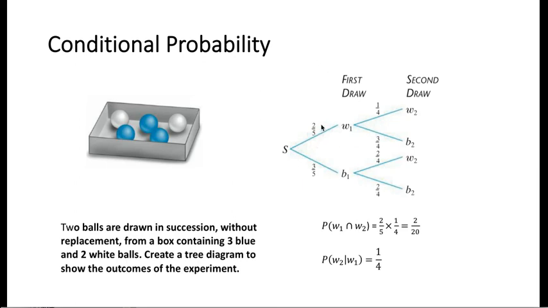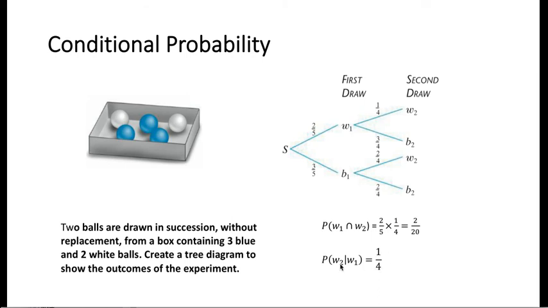On the first draw, there are 2 out of 5 balls that are white and 3 out of 5 that are blue. Now, if I choose a white ball, then there's 1 less white ball left. There are 4 balls left and only 1 of them is white. So the probability of choosing a white ball on the second draw, given that a white ball was drawn first, is 1/4.